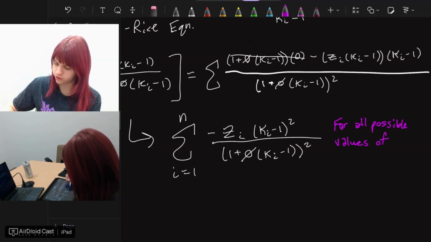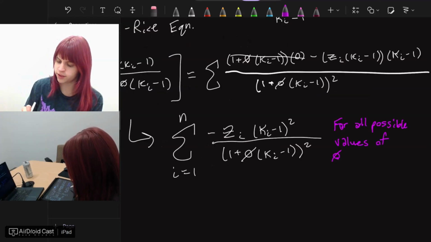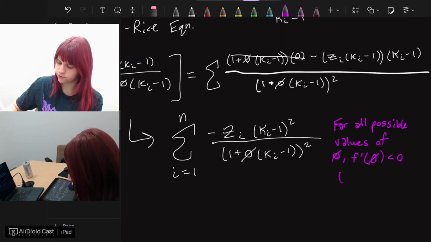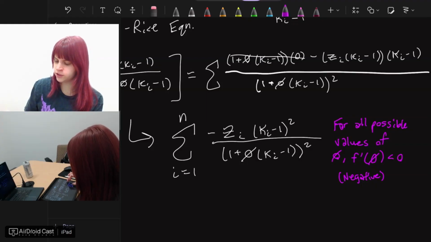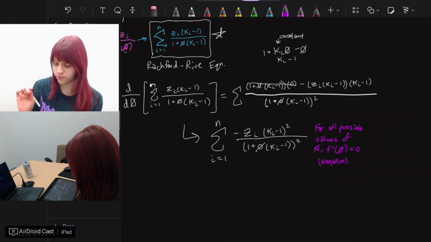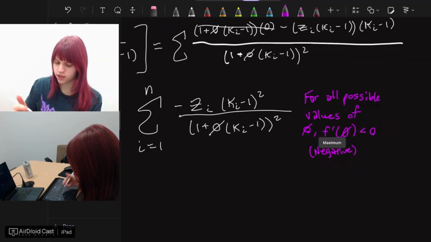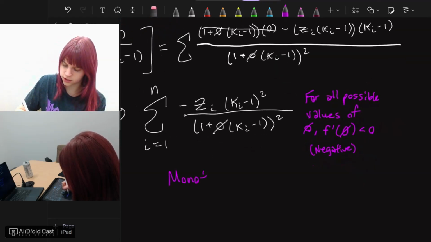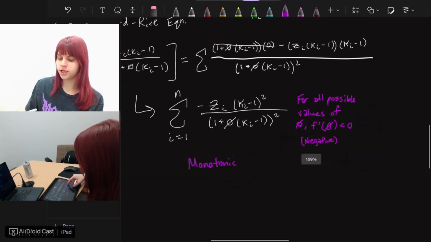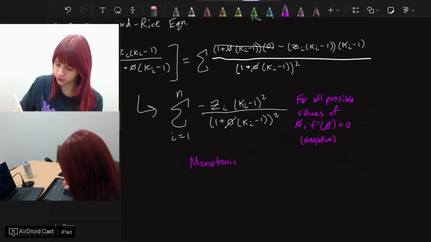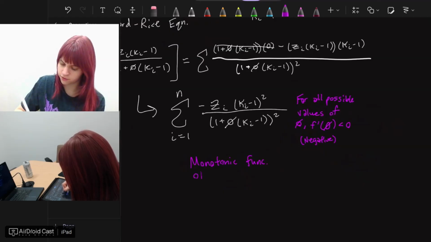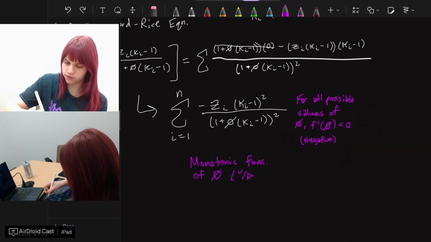For all possible values of phi, since this denominator gets squared, the derivative will always be negative. It does not have a chance to be positive. Therefore, this function is strictly decreasing, and so it is monotonic. Strictly speaking, it's a monotonic function of phi, the vapor mole fraction.